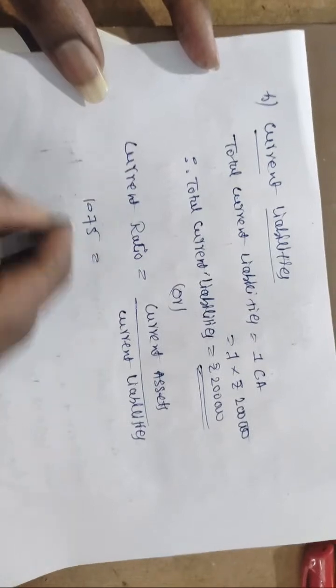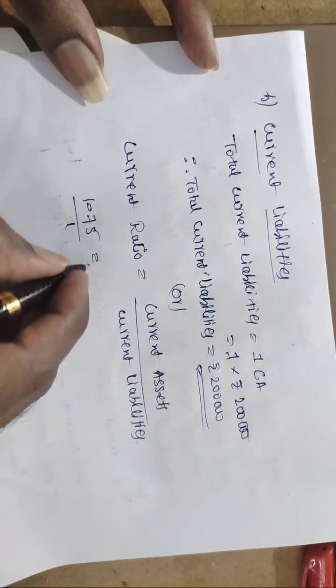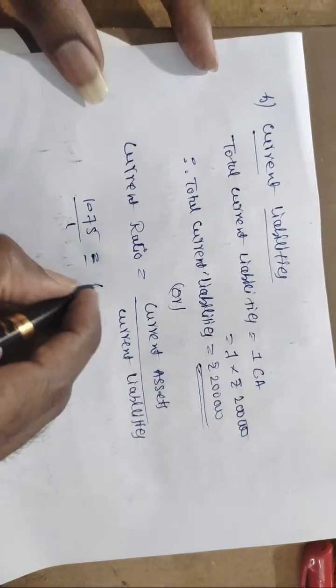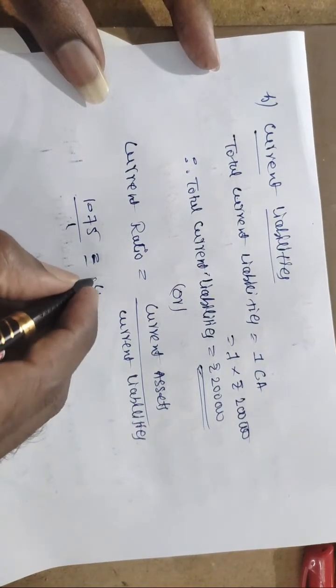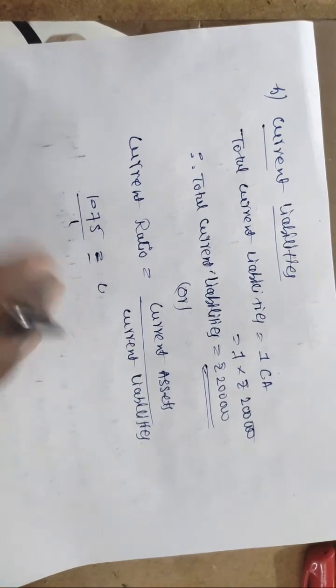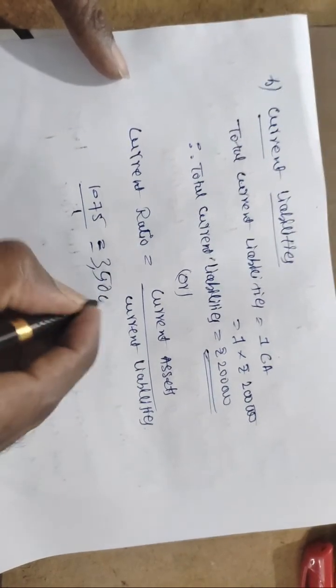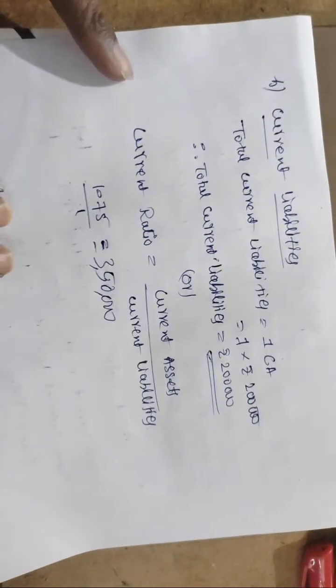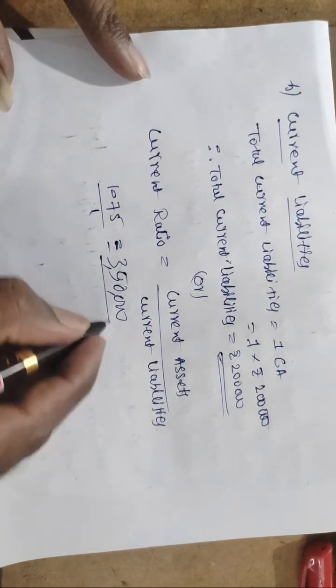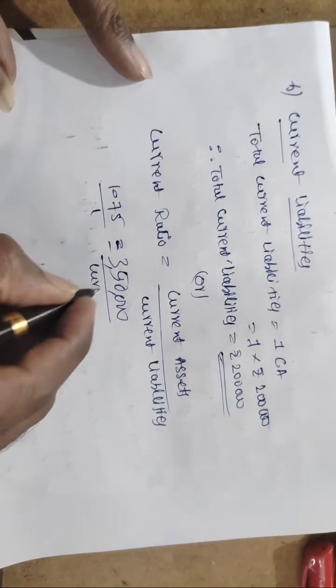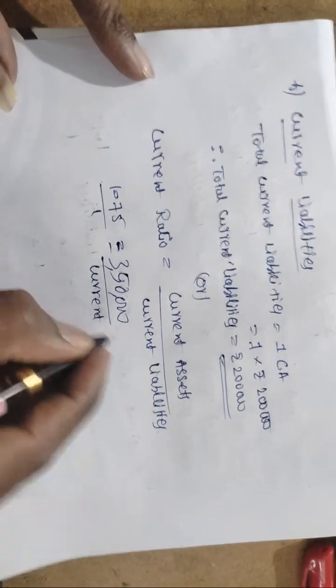1.75 divided by 1 equals current assets. We have got just now rupees 3,50,000. So write 3,50,000 current assets divided by current liabilities. We don't know the current liabilities, right?